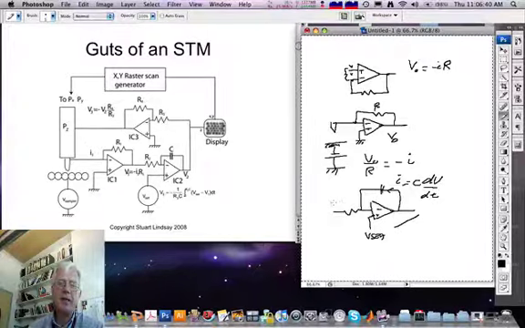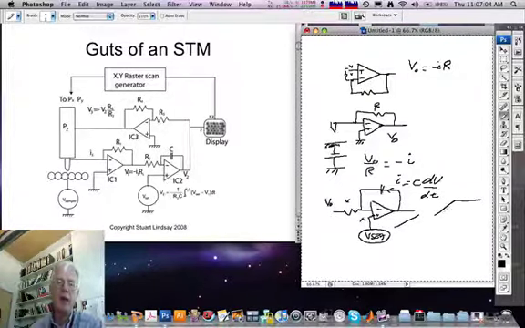So if there is a difference between this input, V0, and the set point, then this will cause a current to flow until these two points are equal, and it'll do it by generating a ramp in voltage. So the output will go up like this, and then stop once V set is equal to V0.